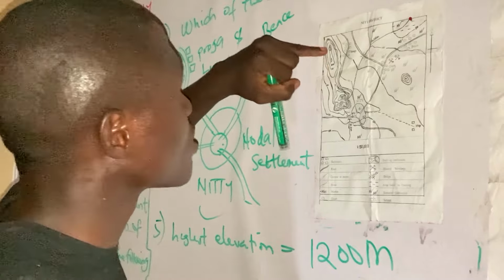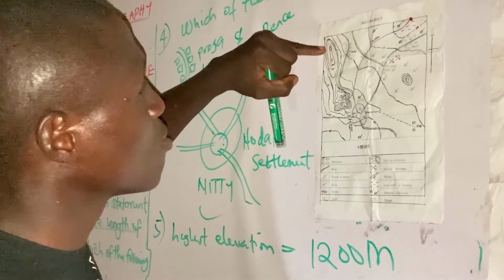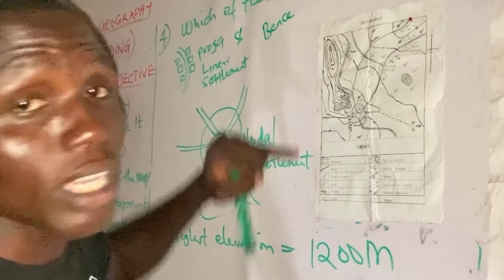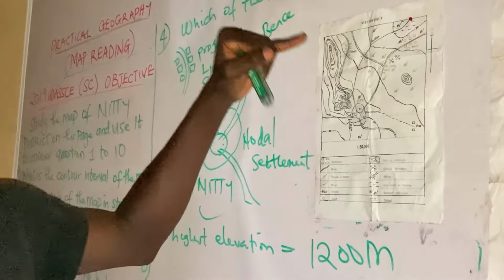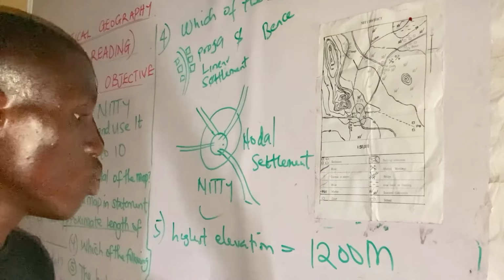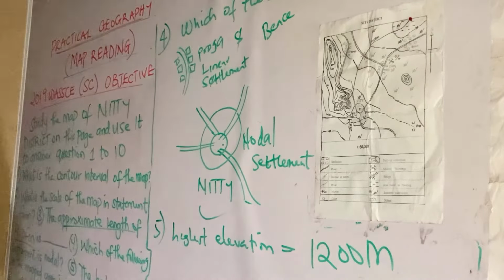Now 100 plus another contour line here that forms something like a saddle or col is 100 plus 1,000, which is 1,100 and 1,200 meters. So that's why it is the highest elevation here.